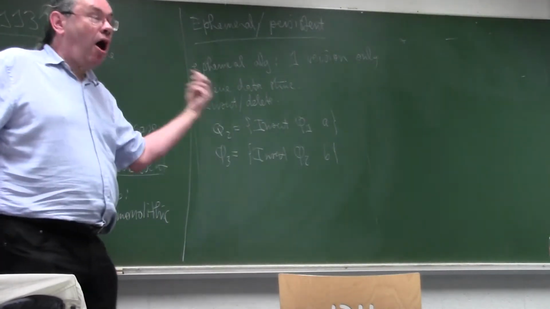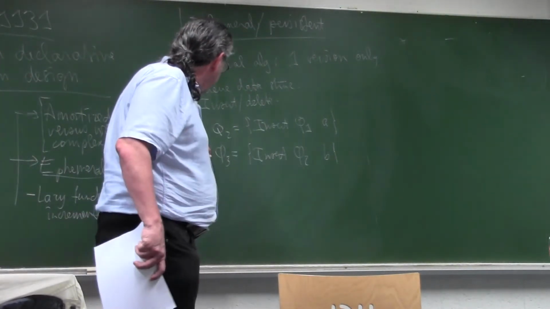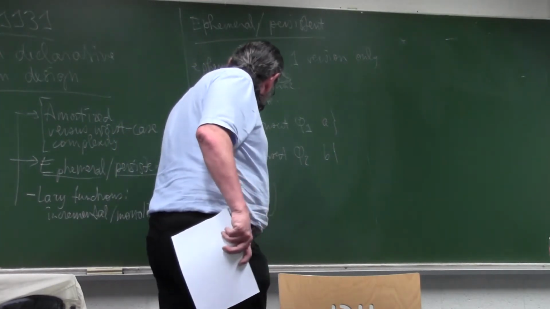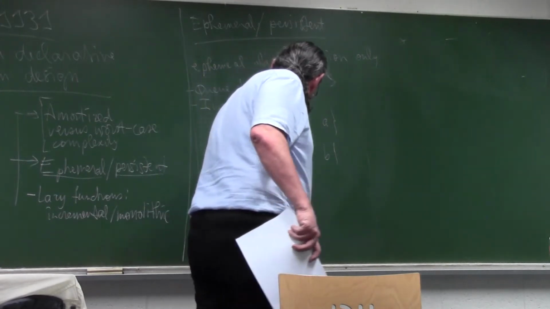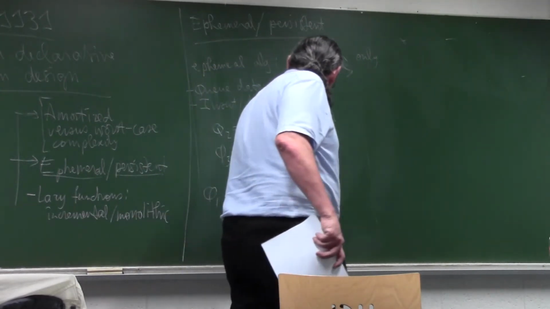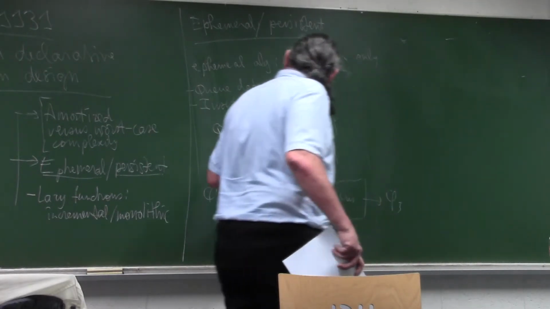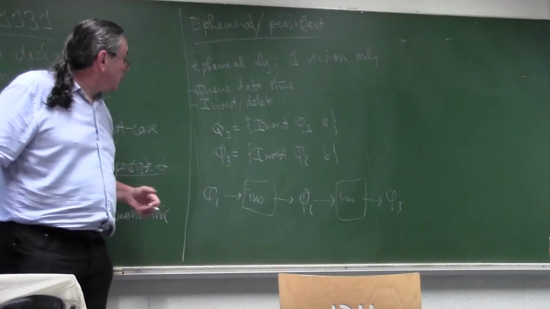So I'm doing operations. You can make a picture: I have Q1, I do some kind of insert operation, I have Q2, and I can do another insert, and I have Q3. This is reasonable for data structures.